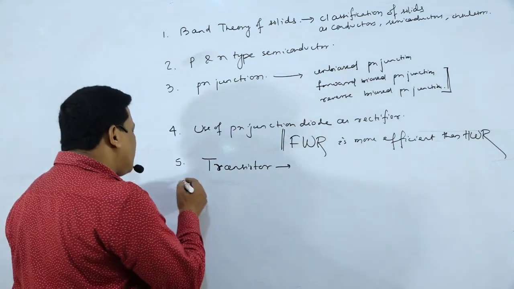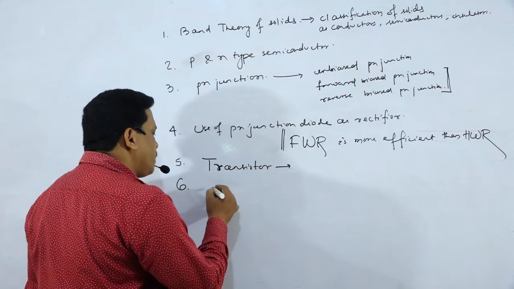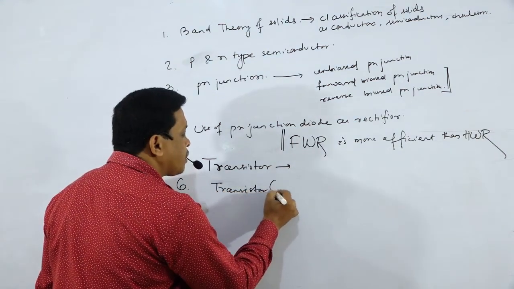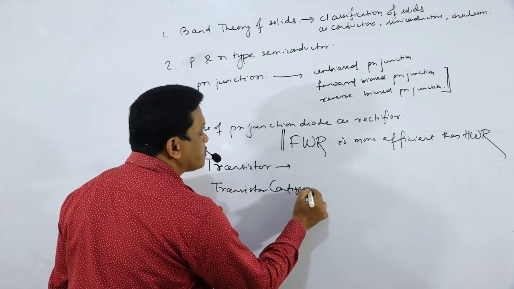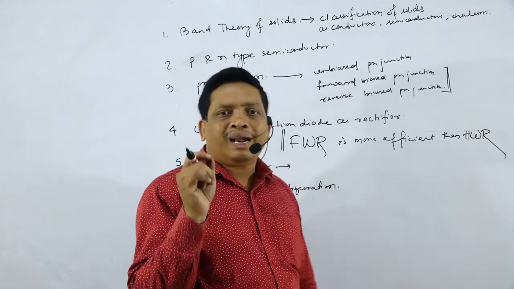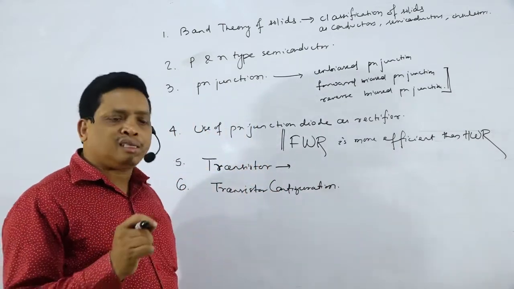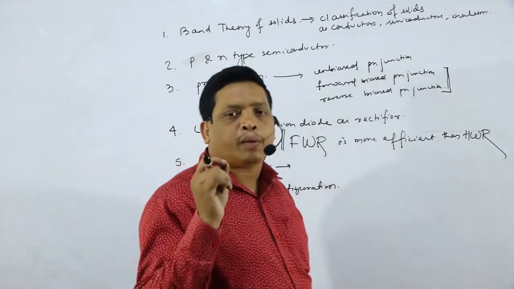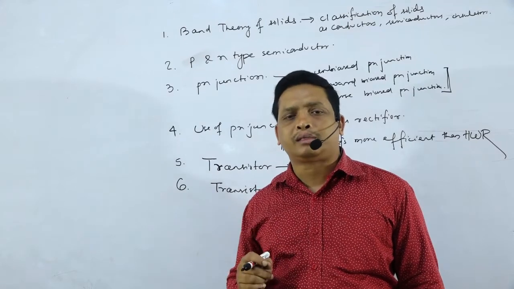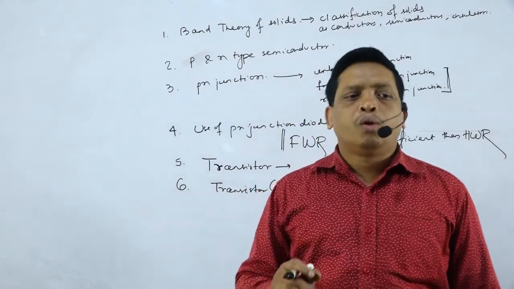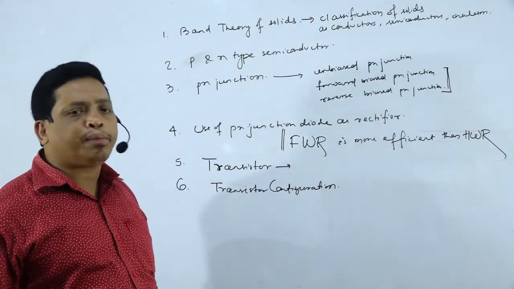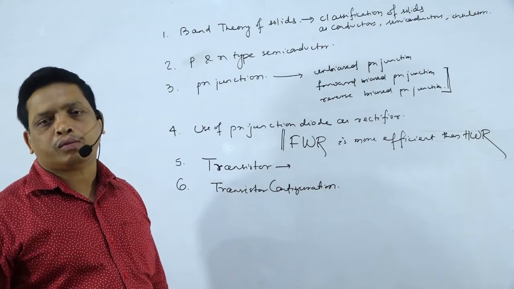Then we discussed the transistor configuration. The important thing is that the transistor has 3 terminals, but while connecting in a circuit, we require 4 terminals. For that purpose, one of the terminals of the transistor is kept common to both input and output.